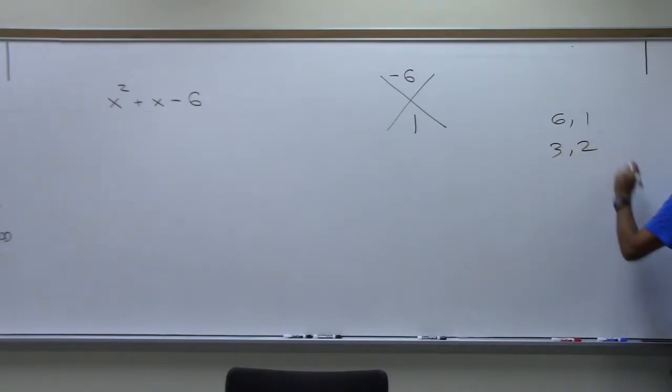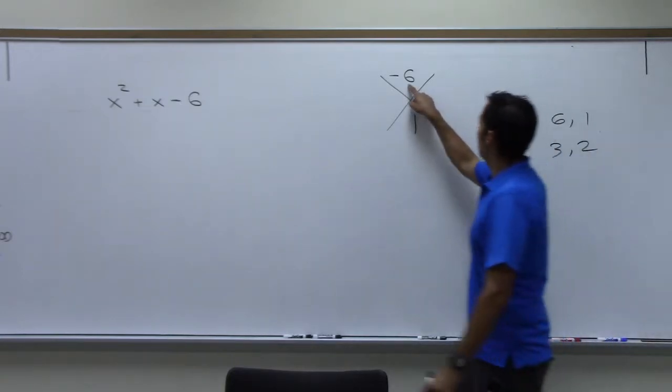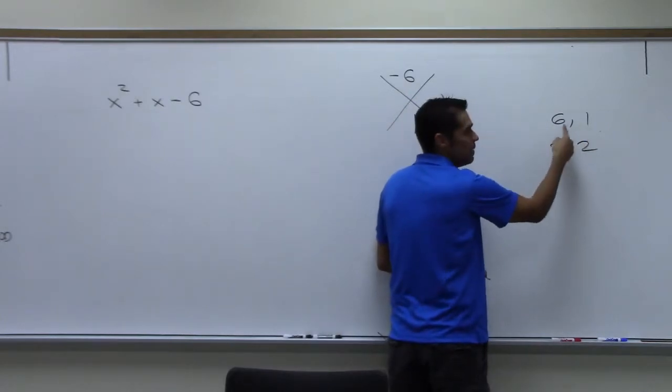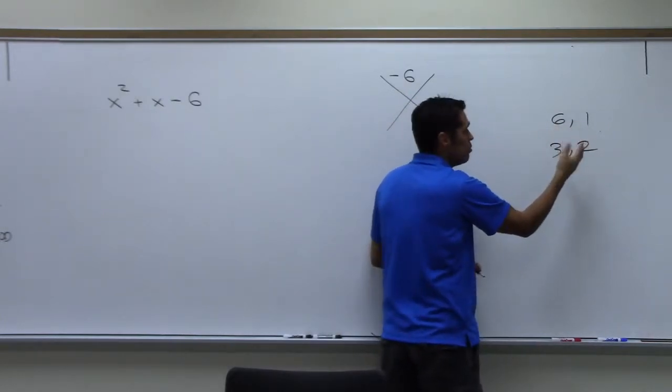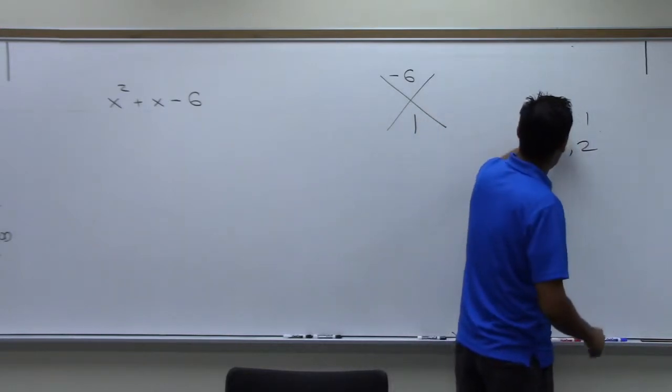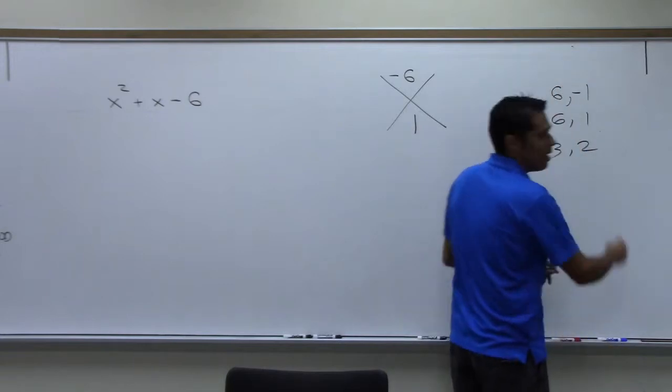Okay, good. Now that you've got those, you need this to be a -6, right? So if I multiply these, that's positive. That's not going to work. So you got to make one of them negative. So which one would you like to be negative? It's up to you. Okay? So you could have that, or you could have this, right?